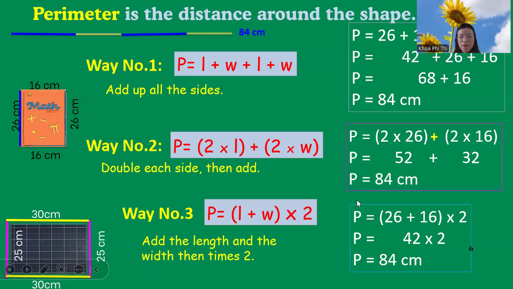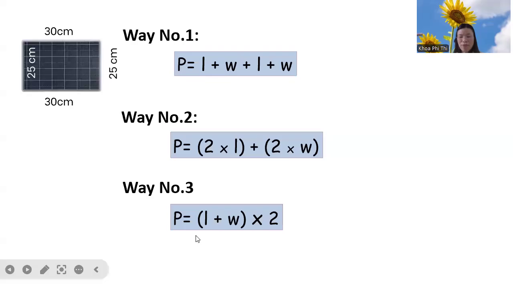Let's see if we can find the accurate perimeter. Are your handboard and chalk ready now? Great. Group 1, we will find the perimeter of the handboard by using way number 1. And group 2, use way number 2. And group 3, use way number 3.